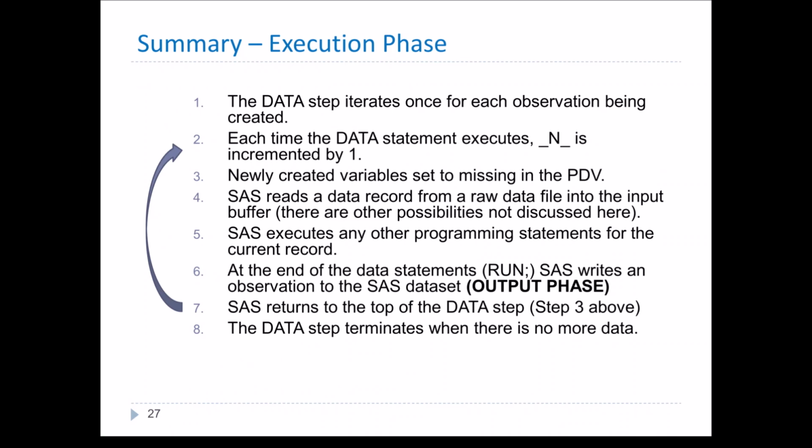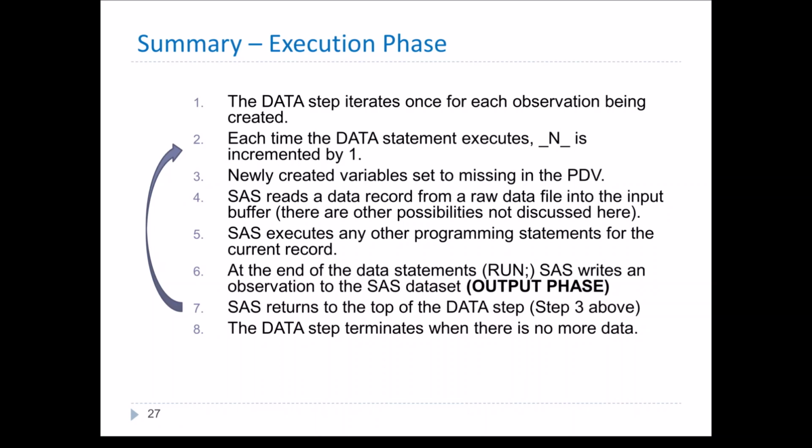The execution phase is an iterative phase. So it iterates through each data record. As you can see here, line 2, each time the data statement executes, n is incremented by 1. So n is 1, so it's reading the first record, then n becomes 2, 3, 4, 5, as it goes on.